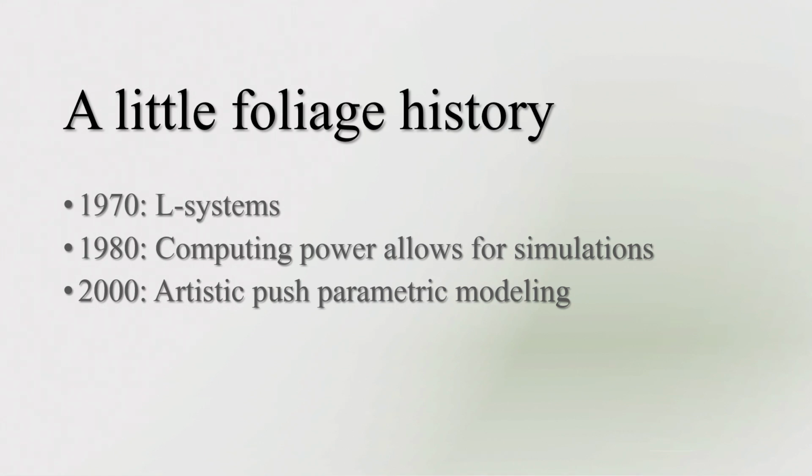And then around the 2000s, very roughly, more and more studios for movies, for art, tried to make foliage. And this is where parametric design really became large again, because those simulation models exist, but they are very slow, of course, still. And artists really want that iterative feedback.